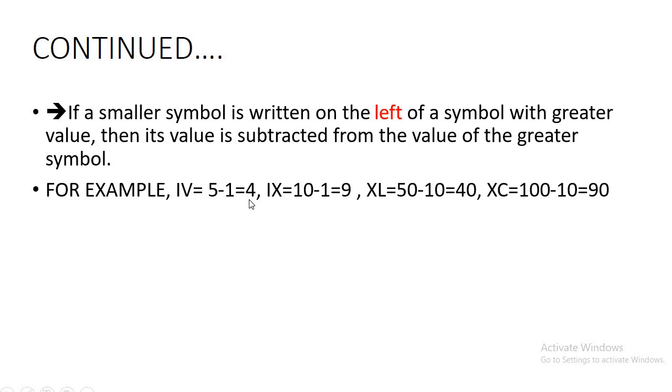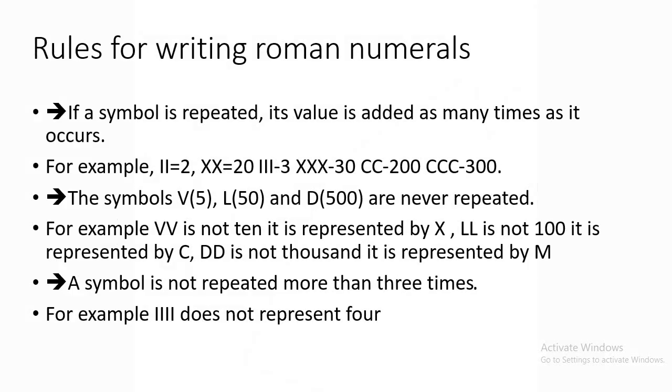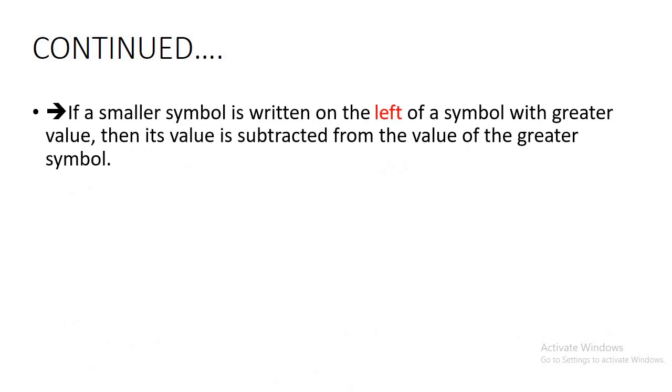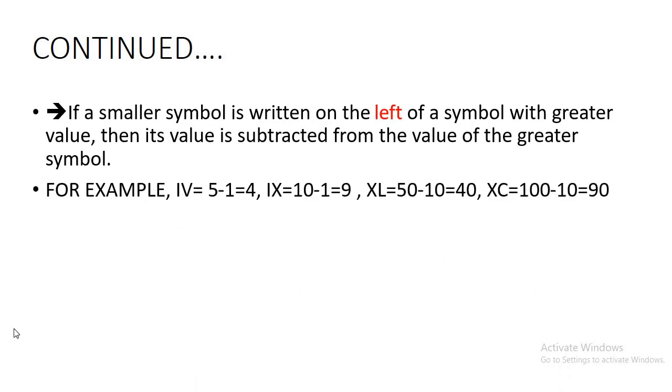In the previous rule, as you might have seen, we said that a symbol is not repeated more than 3 times. I cannot be used 4 times to represent 4. So the scheme for writing 4 is that it is written in the form of I to the left of V, so that it becomes 4.